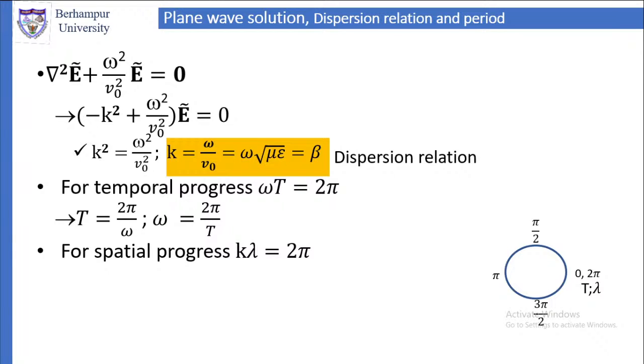K is the wave number. Beta into lambda is equal to 2 pi, but beta is equivalent to K. So since beta is equal to K, I can write K into lambda is equal to 2 pi. From that you can say K is equal to 2 pi by lambda, or lambda is equal to 2 pi by K.